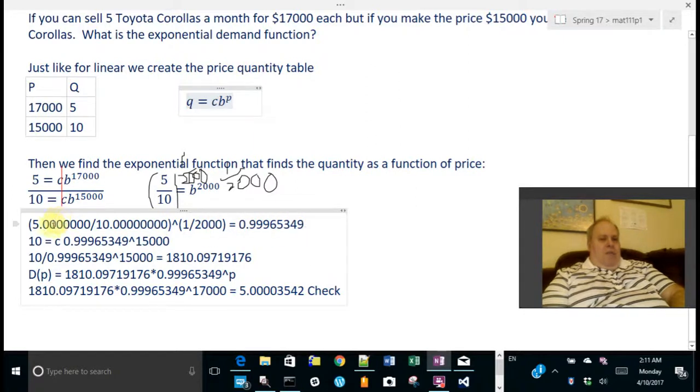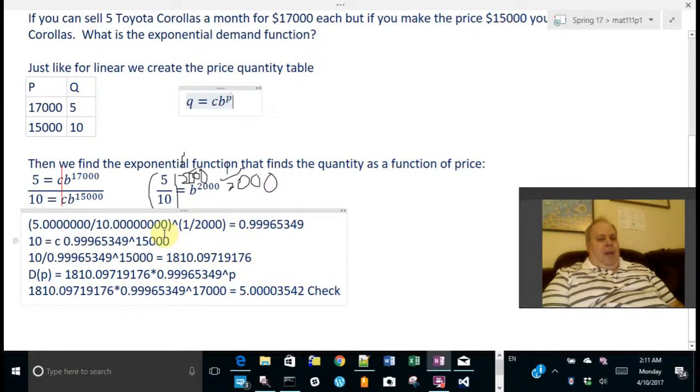So 5.0000 over 10.0000 to the power 1 over 2,000 is going to be 0.99965349. That's fairly typical for when there's a very small power.